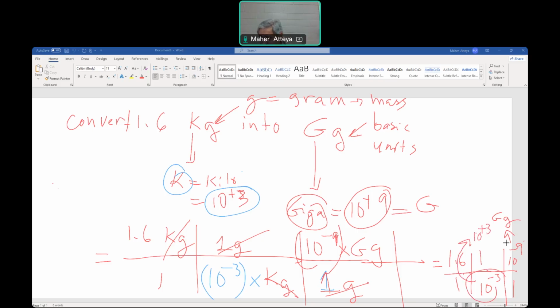I have here 10 minus 9 and 10 plus 3, so the answer is 10 minus 6: minus 9 plus 3 is minus 6. So the answer is 1.6 times 10 minus 6, and the unit is gigagrams. So now we have two examples of metric to metric.